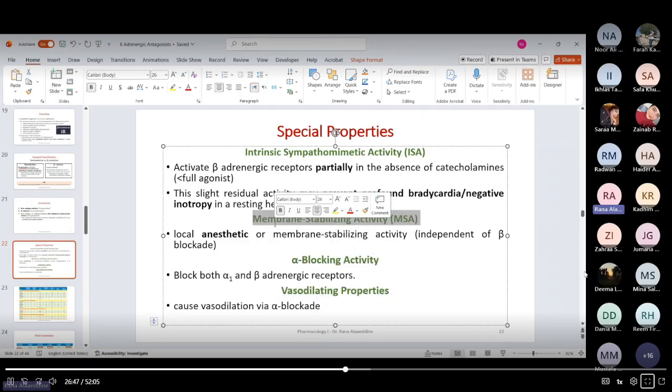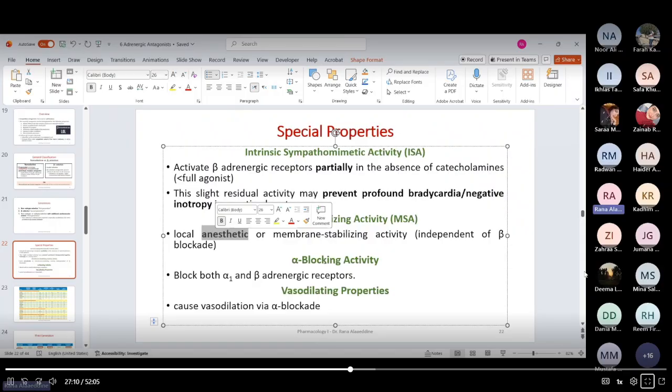And for drugs with membrane stabilizing activity, those drugs can stabilize the membrane. So they have a local anesthetic property, okay? And they have this property that we should be aware of. Some drugs can block alpha-1. What's the result of blocking alpha-1, you guys?